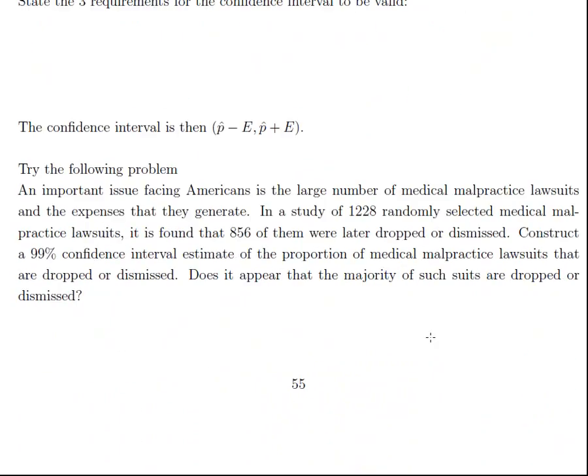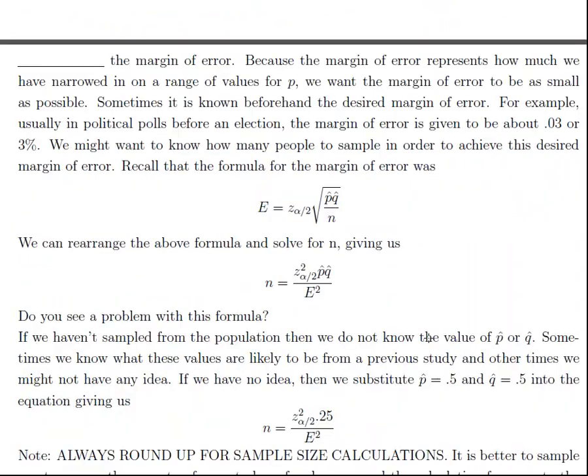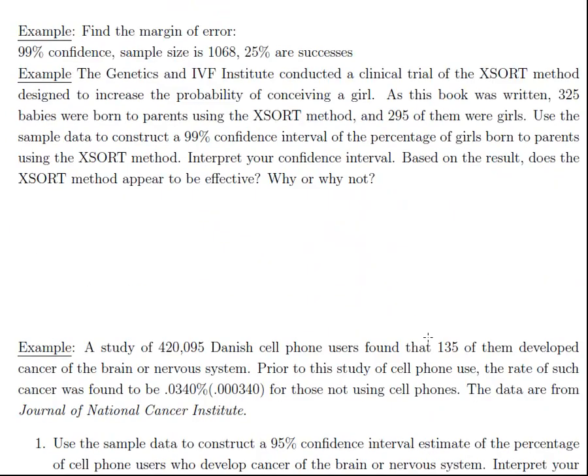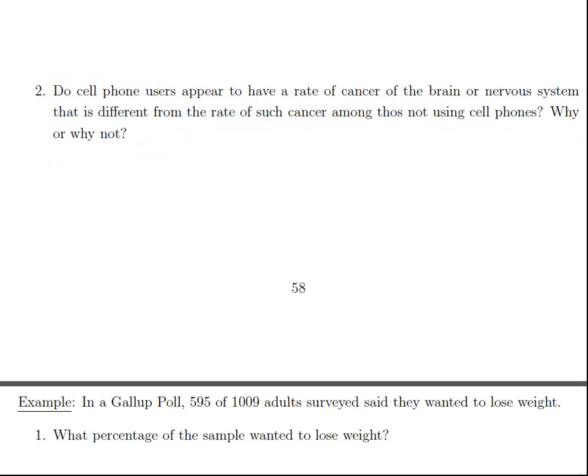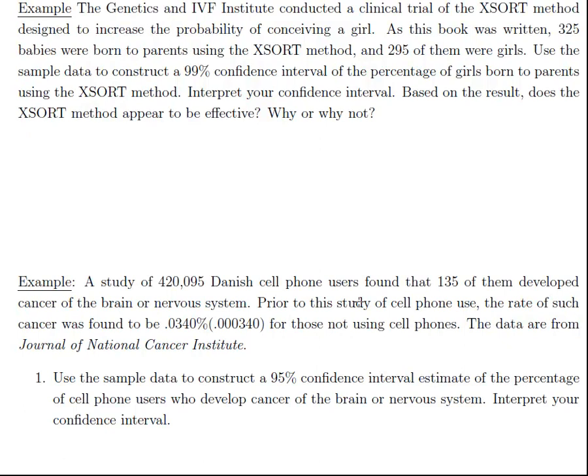Okay, so let's go back to page 58 and calculate P hat. That would be the sample proportion of girls. So we have 295 out of 325.